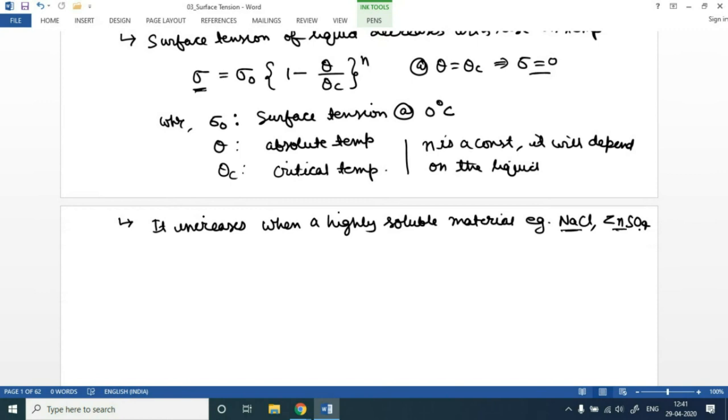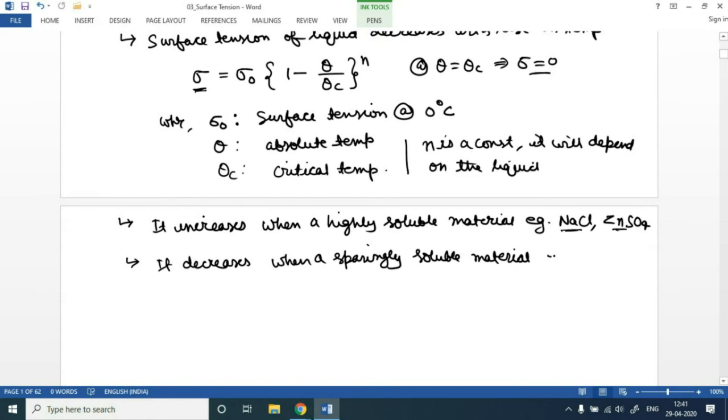And oppositely, it decreases when a sparingly soluble material or salt, for example phenol, or you can say detergent, is added.